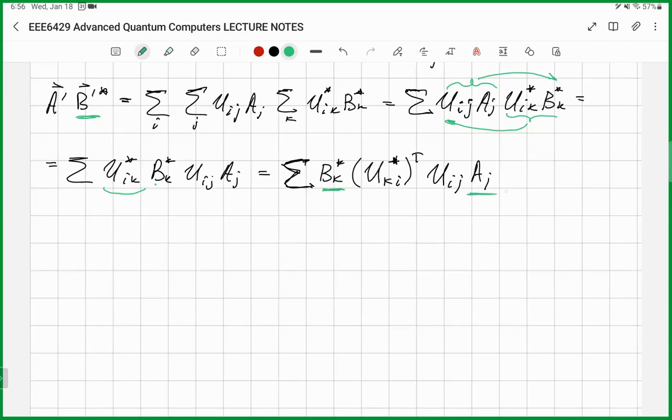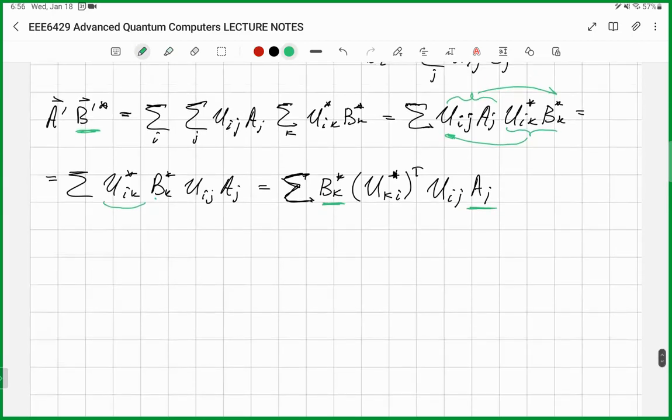Can you explain this step again? This U_ik changing to U_ki with the transpose? Yes, you change the order of indexes. So you had this U_ik, you can make the transposed matrix, so it will be U_ki. Okay.